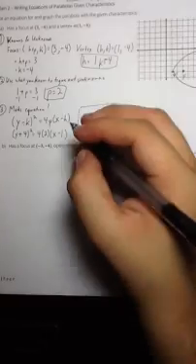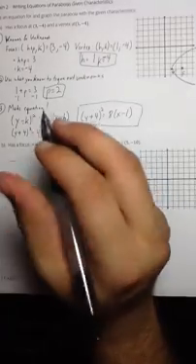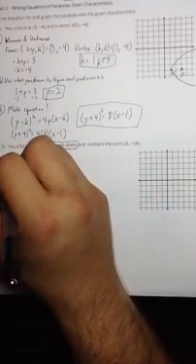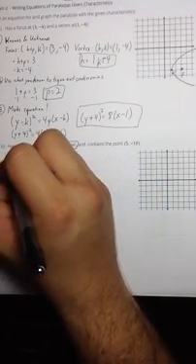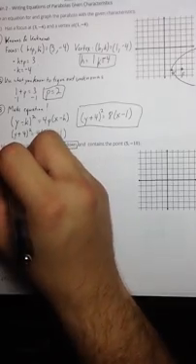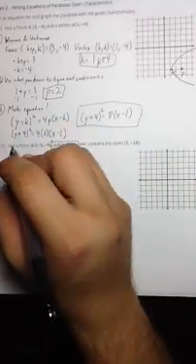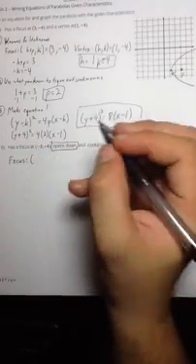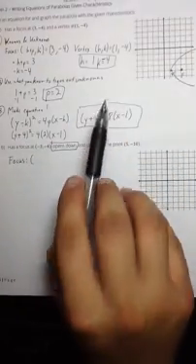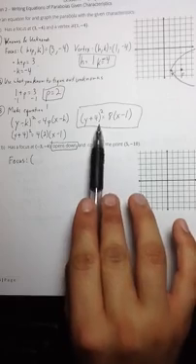So, we know a few things. Because it opens downward, we automatically know that tells us what formula we need to use, right? So we know the focus, and again, because it opens downward, we're going to use the other formula.